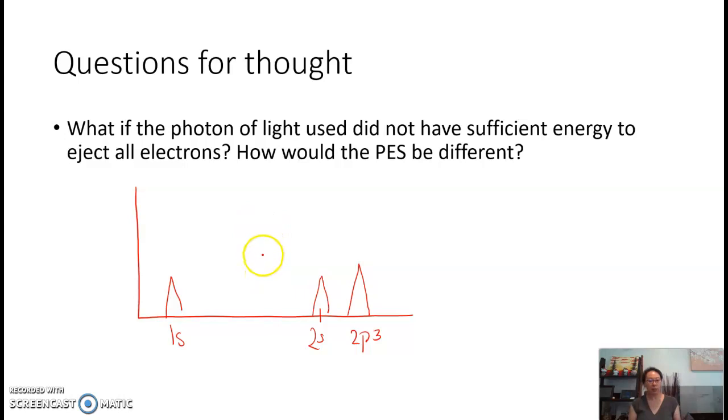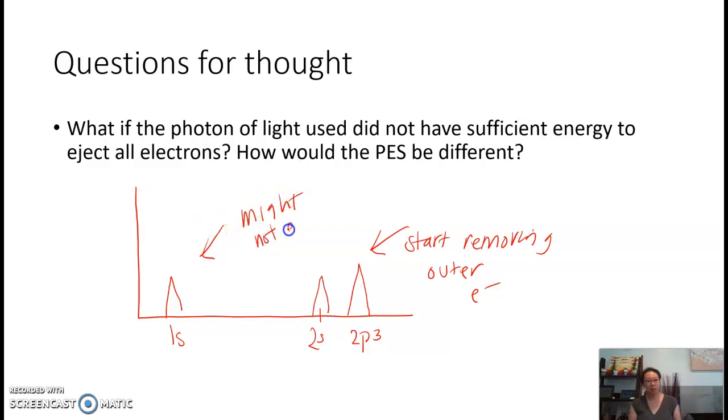If you don't use enough energy in that photon of light, you will start removing the outermost electrons, but you might not get to the inner ones. It all depends on how much energy. But here, you might get a photoelectron spectroscopy, or PES, diagram where the 1s electron never got removed, so it's gone.